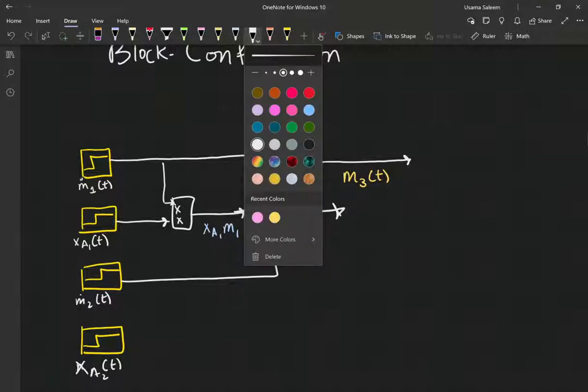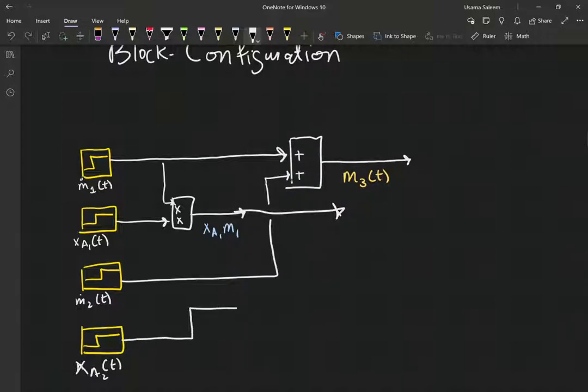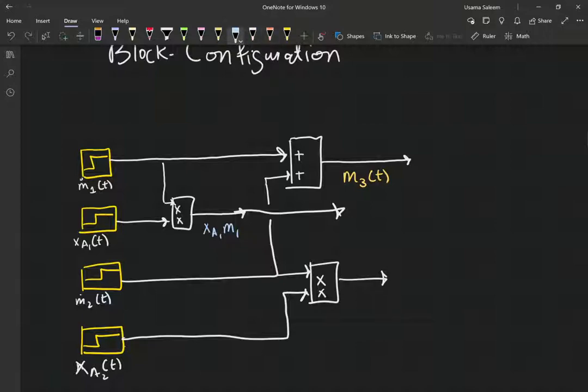Now similarly, I'm going to do the same thing for stream 2, XA2 and M dot 2, the multiplication, the products.